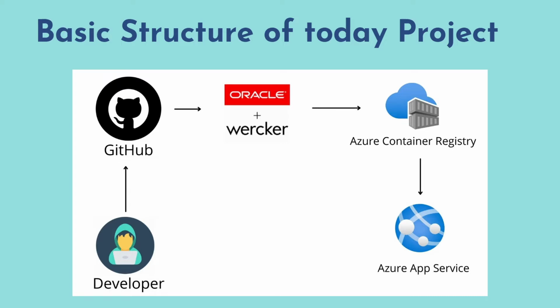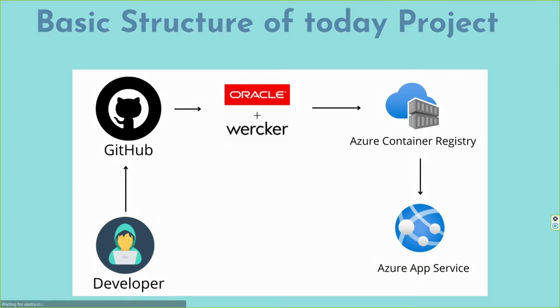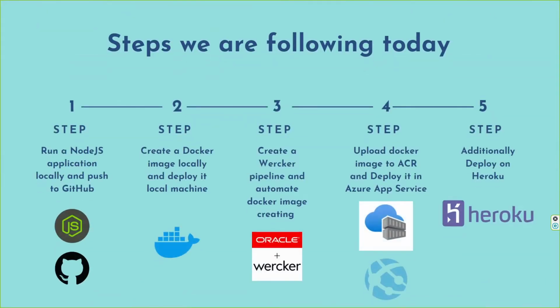And the pipeline will create a Docker image and push it to the Azure Container Registry. And after getting the latest image from the Azure Container Registry, the Azure App Service will deploy the application. So now we are going to follow these steps.